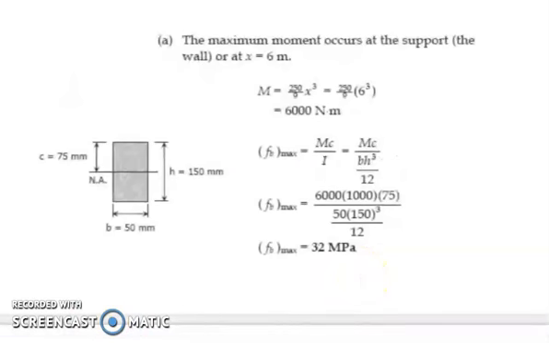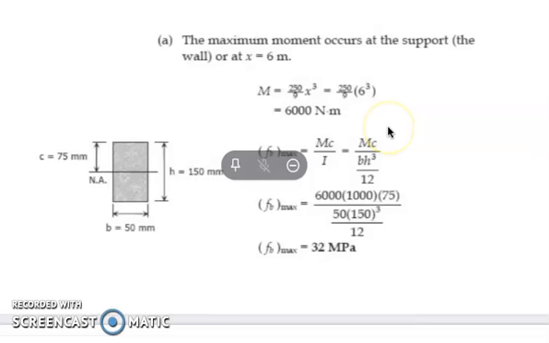Okay, we have to identify letter A. The maximum moment occurs at the support, when x is equal to 6 meters. For this one, we have our illustration. The beam has a dimension of 50 by 150, so from the neutral axis, our c is 75.